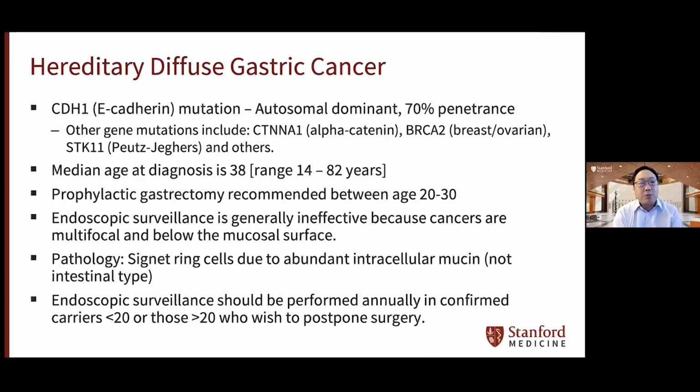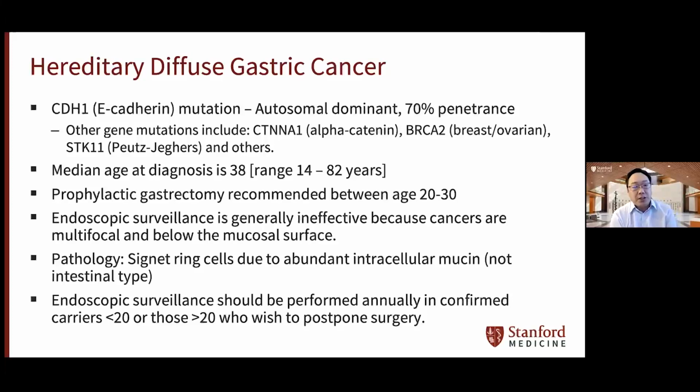If the patient absolutely refused and said that they wanted to hold on to their stomach as long as possible, then you could pursue very aggressive endoscopic surveillance, but that's still not recommended, because with this type of diffuse gastric cancer, oftentimes the lesions aren't really mucosally visible. The median age of diagnosis for gastric cancer in patients with CDH1 mutations is about 38, with a range of 14 to 82 years of age.